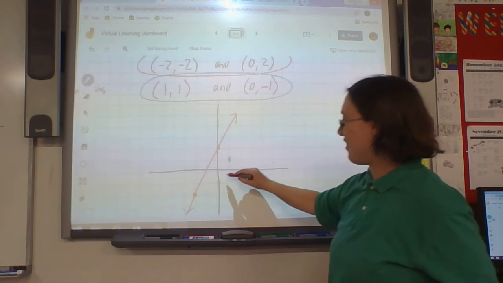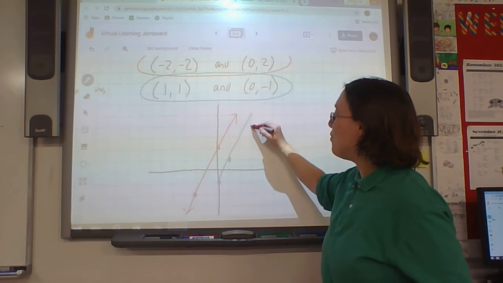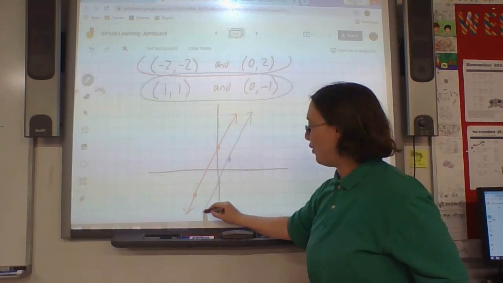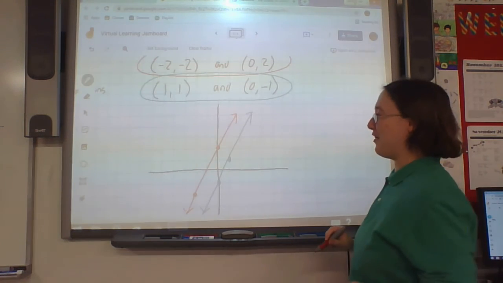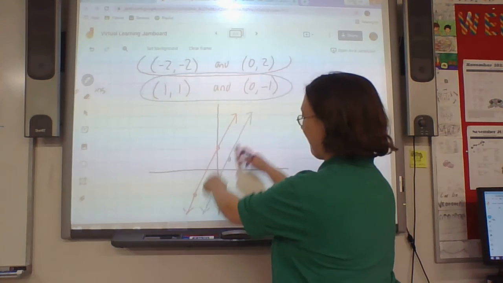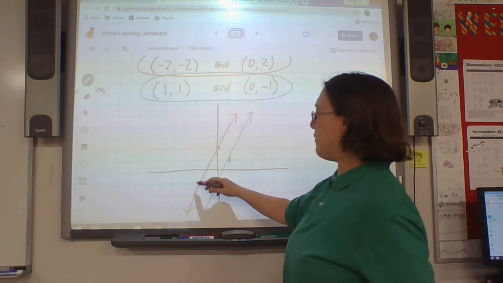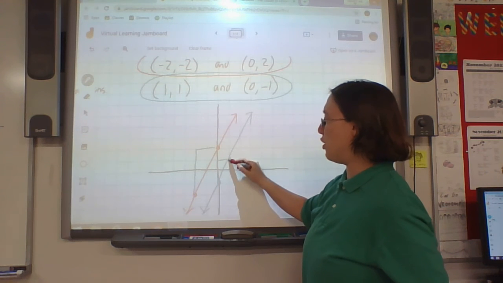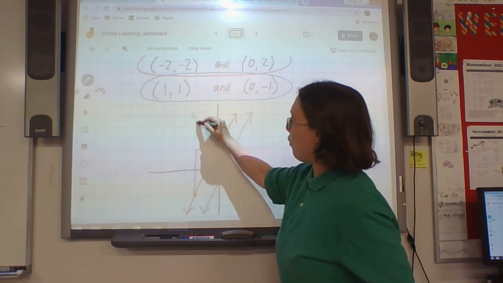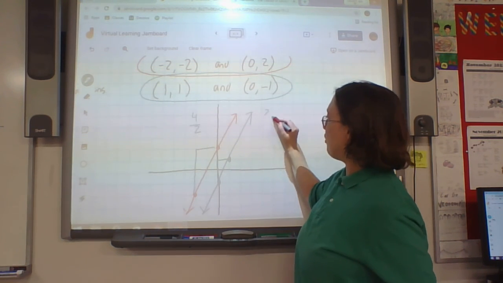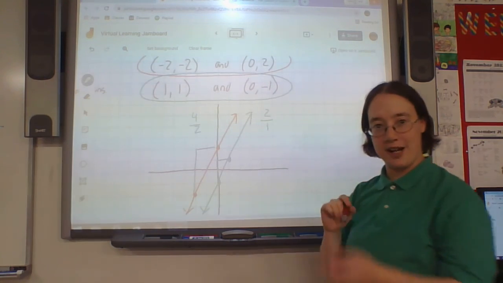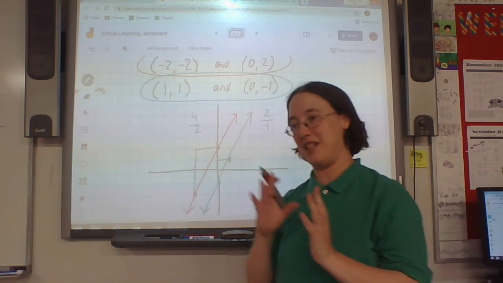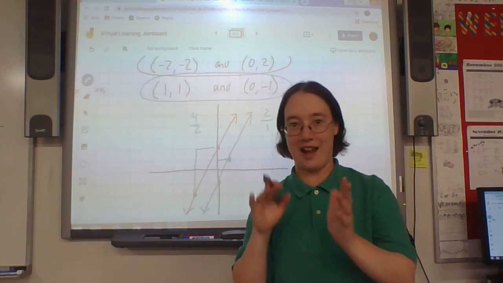Ooh, hey, what's going on with these? Hopefully you said they're parallel to this one, so there's no solution. If we have something like this where our slopes are the same, even though this is up 4 and over 2, and this is up 2 and over 1, 4 over 2 reduces to 2 over 1. So that's another way to check and see if they're exactly parallel, if you didn't draw your lines exactly straight.